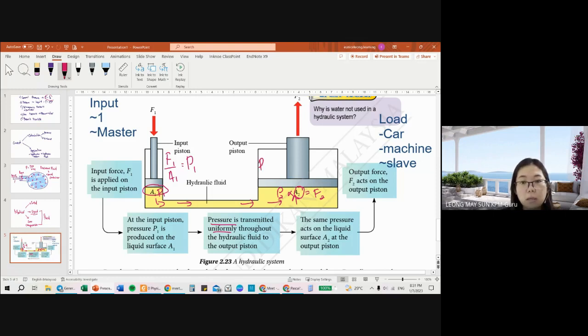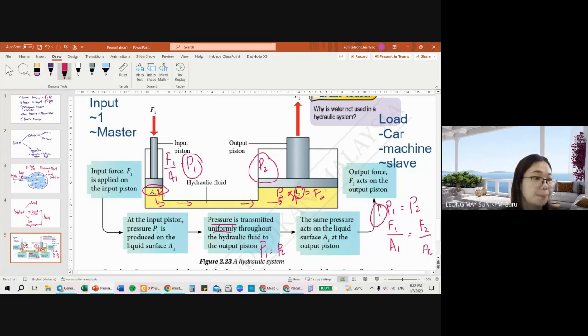So over here, P2 and P1 are the same pressure due to Pascal's principle. So due to Pascal's principle, P1 equals P2. When P1 equals P2, force 1, which is the input, over area 1 will equal force 2 over area 2. All right, so this is the first formula for Pascal's principle.